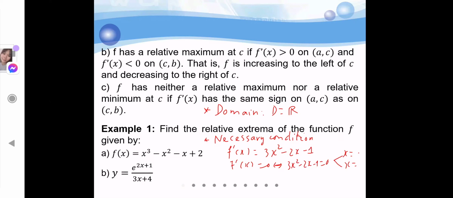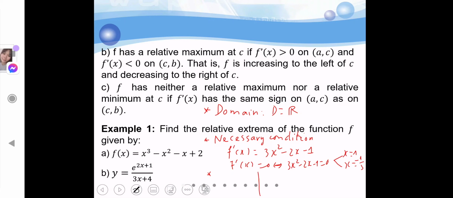I think x equal 1 and x equal minus 1/3. Okay. Sufficient condition. That means the given function has two critical values.